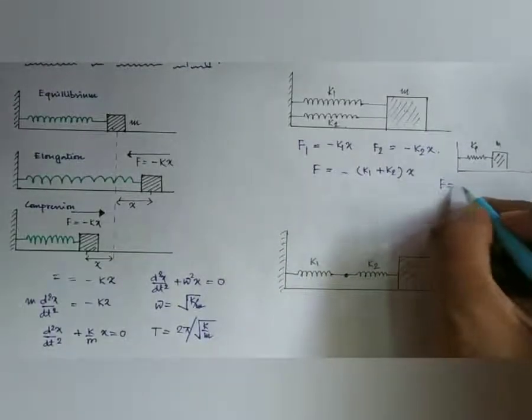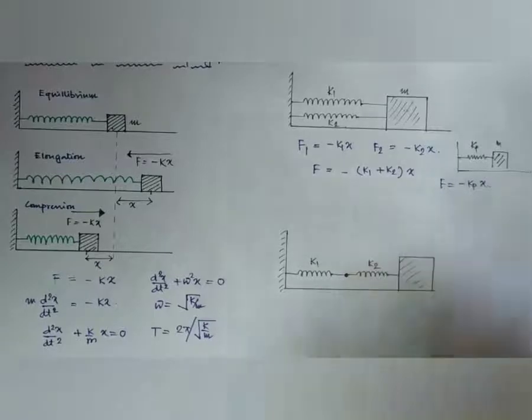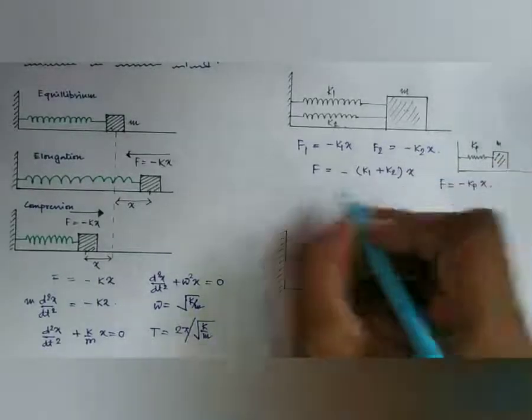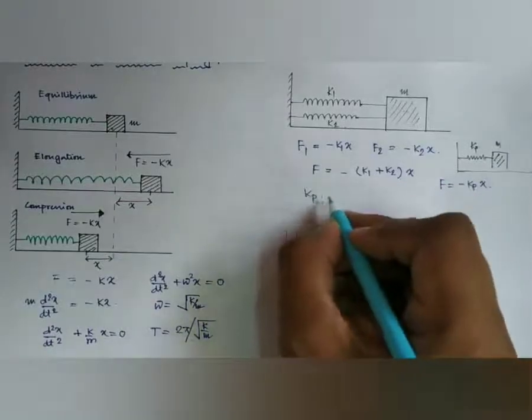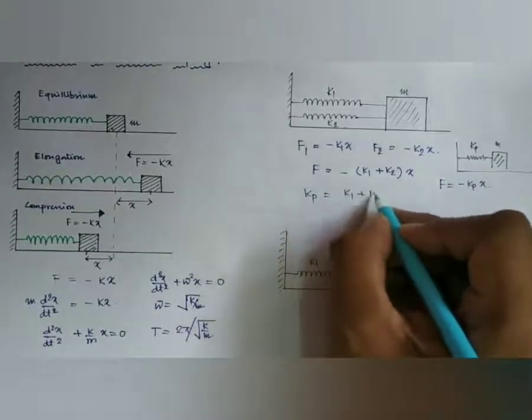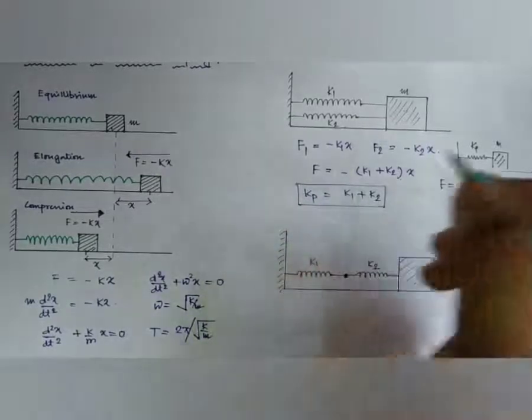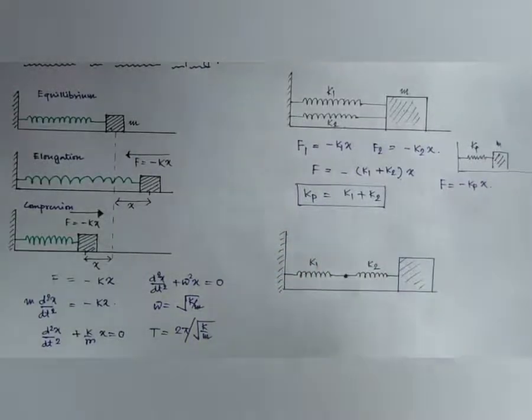Similarly, we have F equal to minus Kp x for the same displacement. Now by comparing these two, we can write Kp equal to k1 plus k2. So for parallel combination, we get the result Kp equal to k1 plus k2.